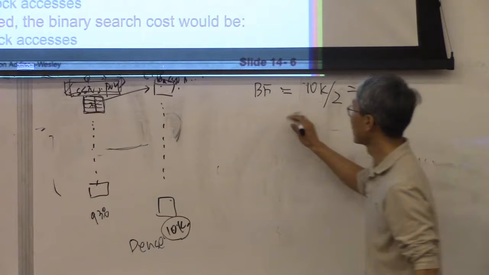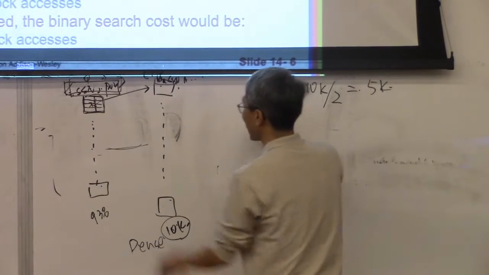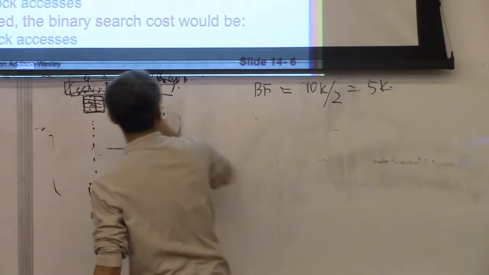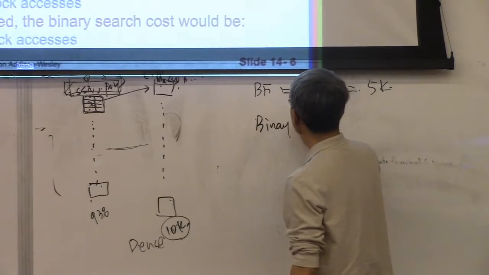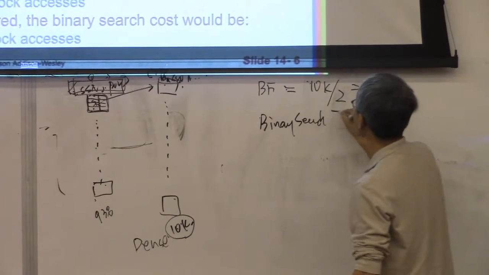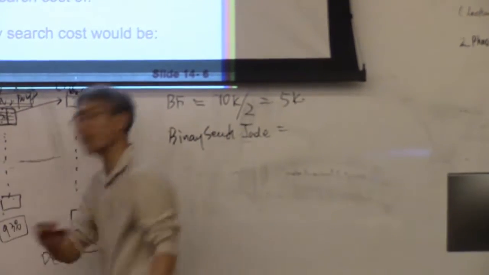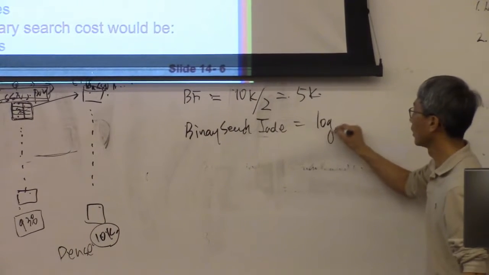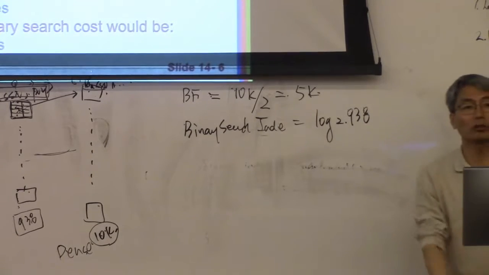If we are using the index, because these are sorted, we can use binary search on the index. What is the complexity of searching the index key entries with binary search? Log base 2 of this number.